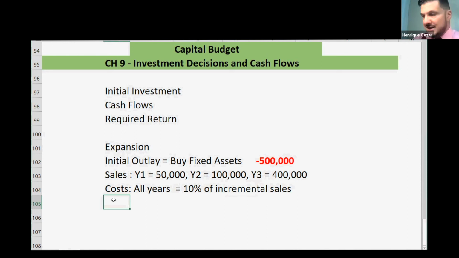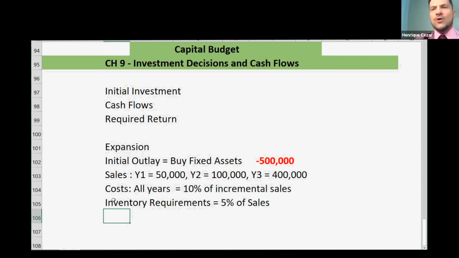Let's say that you're going to have inventory requirements. They're going to be equal to 5% of your sales. And we could make our life way more complicated here.